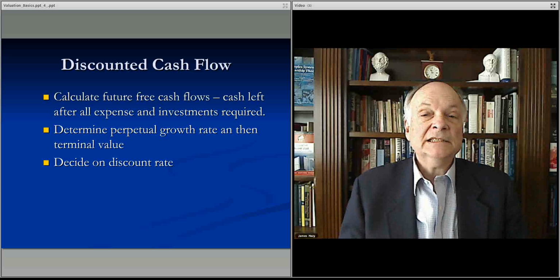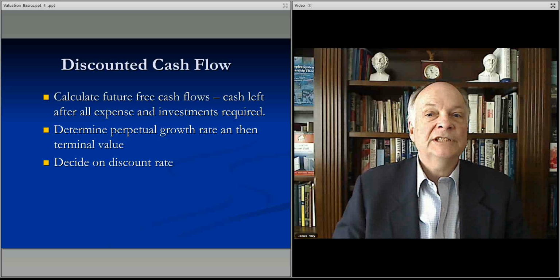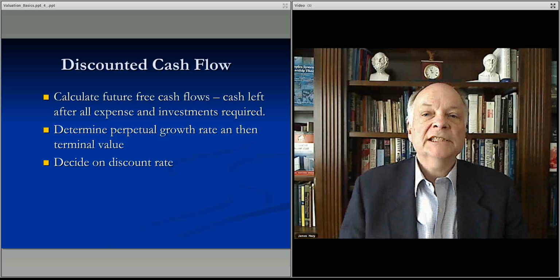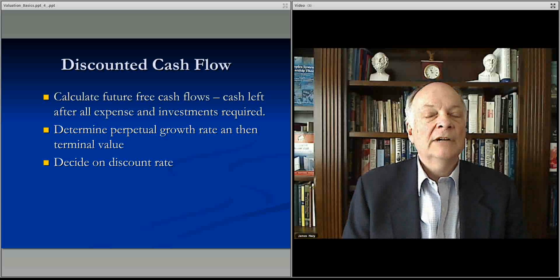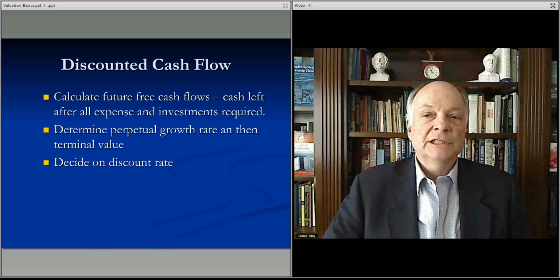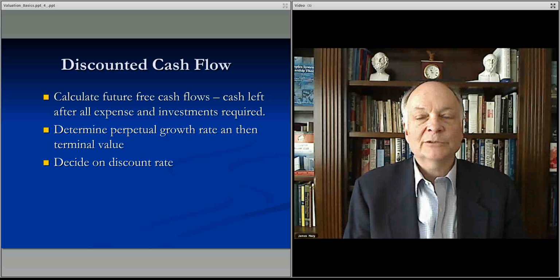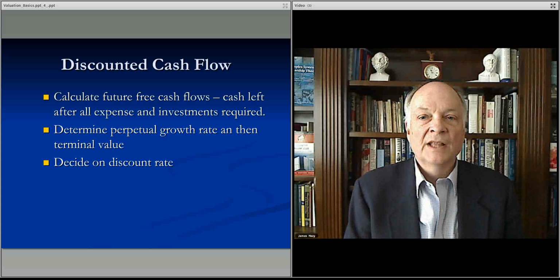And then the next thing you have to do is figure out how much risk is in your business, so you could determine what someone is going to expect in terms of a rate of return, that is your discount rate, in order to justify giving you the money rather than them putting it in alternative investments which might have higher return. And that's the discount rate. We'll talk about this actual formula in more detail in the next video.